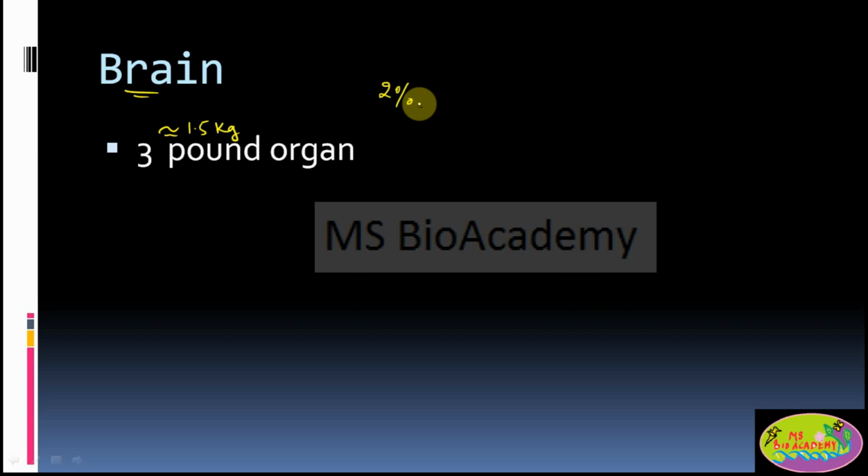If I compare it with the elephant, the elephant has a brain which is much larger than our brain, but it makes up only 0.15% of its body weight. Whatever the body weight of the elephant, only 0.15% of it makes up its brain weight. But in the case of us human beings, 2% of our body weight constitutes the brain weight.